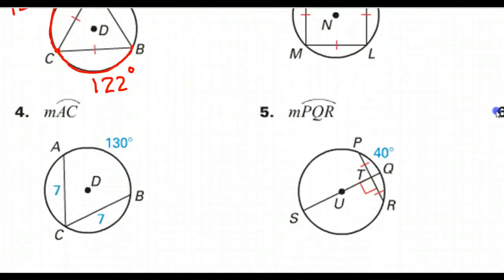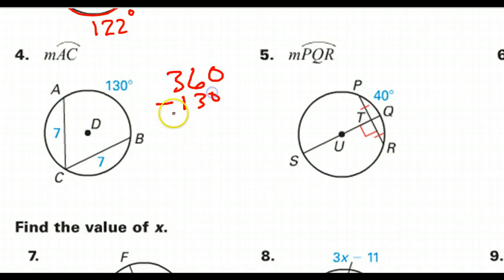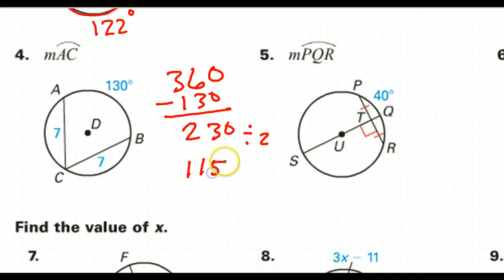The measure of arc AC. Well, similar to before, I have 130, so if I start with 360 and subtract that, that's going to leave me with 230. But that's to be shared equally between these two arcs, so I would divide by 2, so that's going to be 115 each.